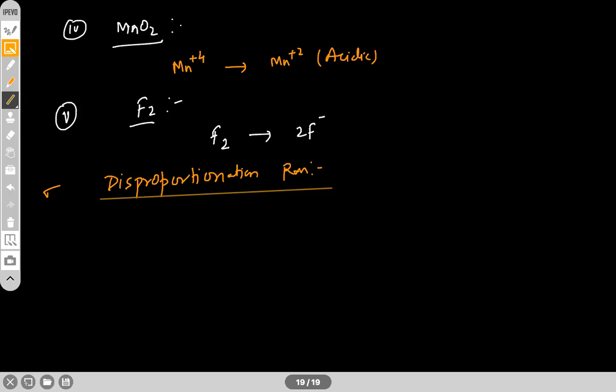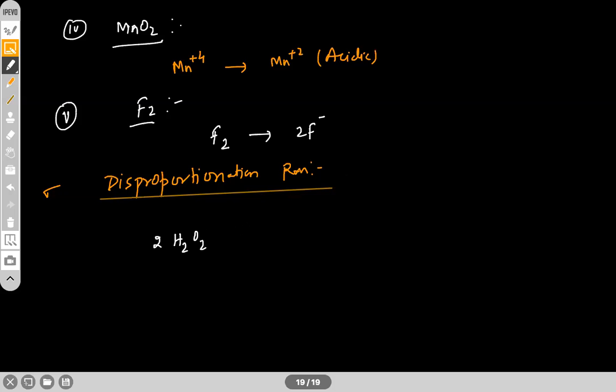Don't write 'reaction' twice. The same element goes under oxidation and reduction. So when the same element goes under oxidation and reduction, the reaction is known as a disproportionation reaction.